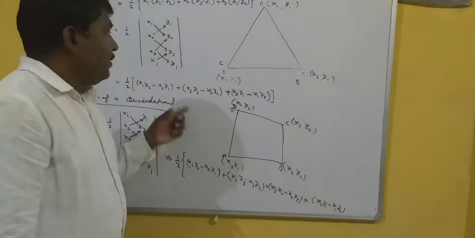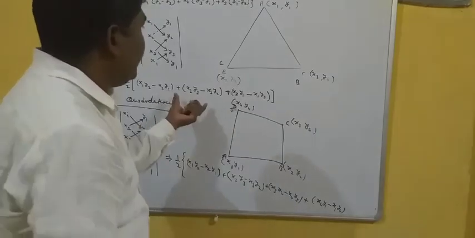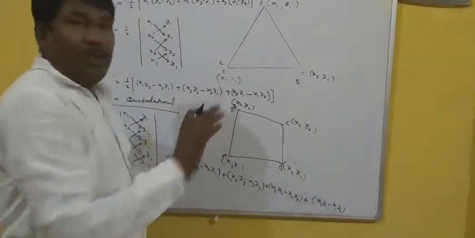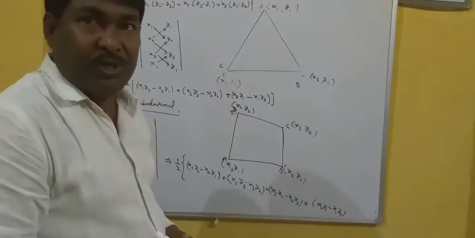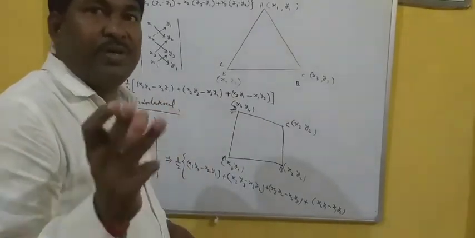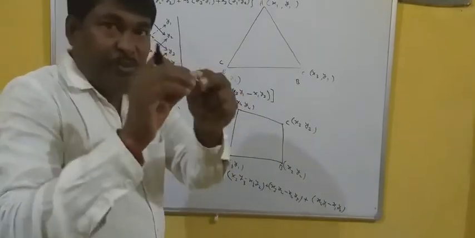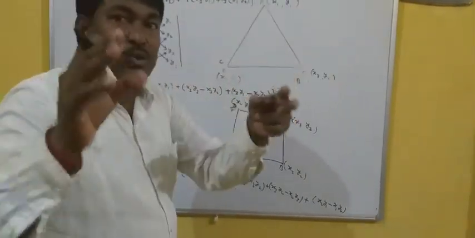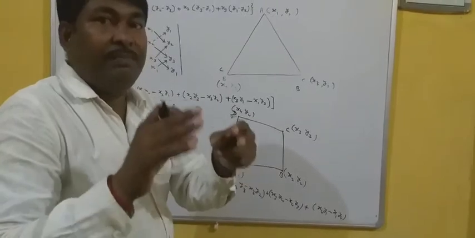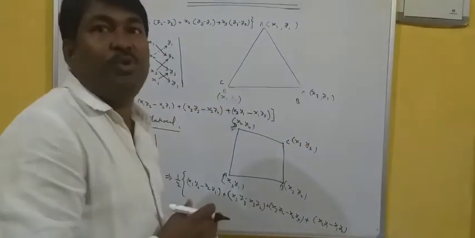Okay, so some numericals. One more thing, how to prove collinearity of 3 points. If 3 points are collinear, it is quite obvious that if 3 points are in a line, then no triangle can be made by using these 3 points.